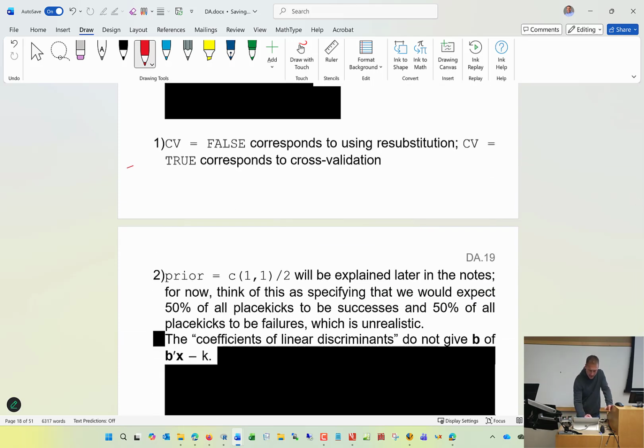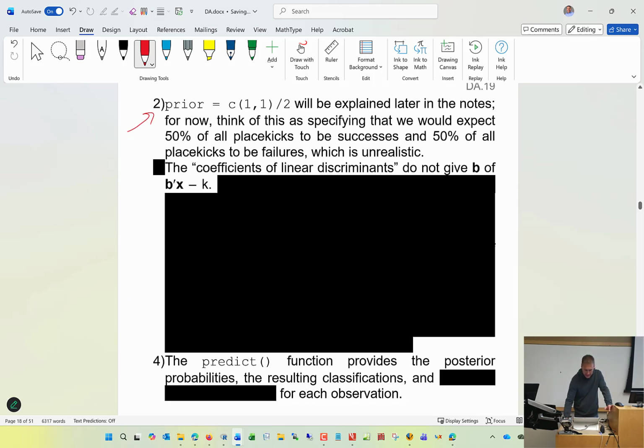Okay, so we talked about the CV argument. We talked about the prior argument. I blacked out some more. And normally I would have actually extracted this from the notes before you got it, but I just made a last minute decision about, let's just remove it. It's not worthwhile to talk about.